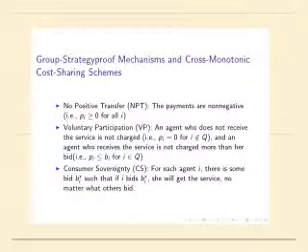Voluntary participation, VP: an agent who does not receive the service is not charged, p_i equals 0 for i not in Q, and an agent who receives the service is not charged more than her bid, p_i is less than or equal to b_i for i in Q. The third one is consumer sovereignty, CS: for each agent i, there is some bid b_i star such that if i bids b_i star, she will get the service no matter what others bid.